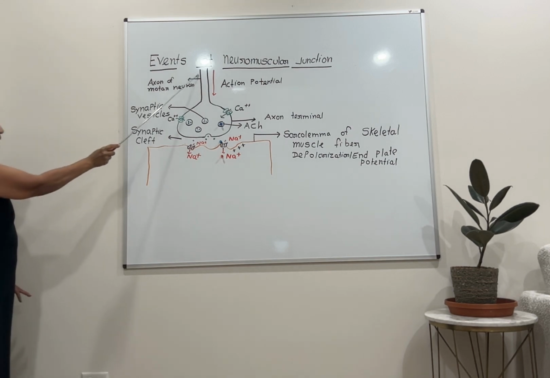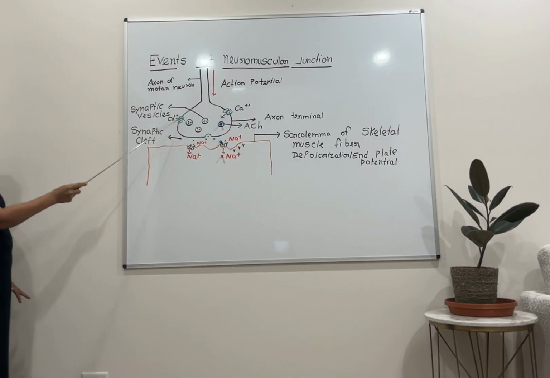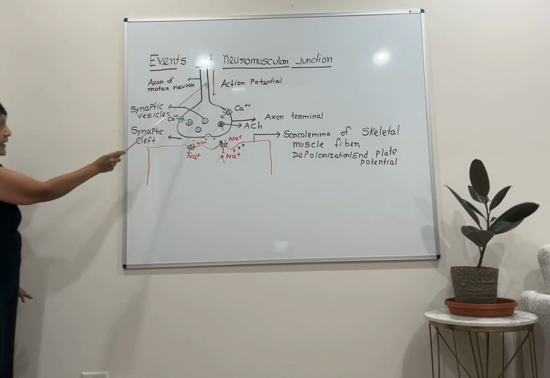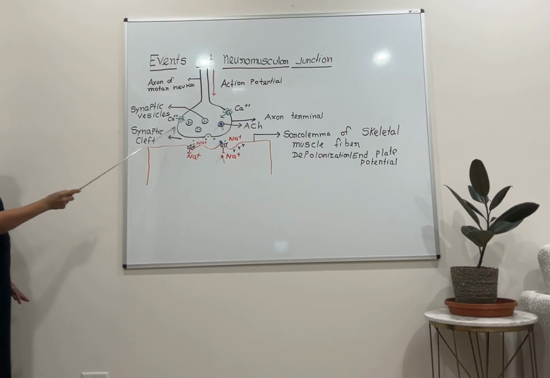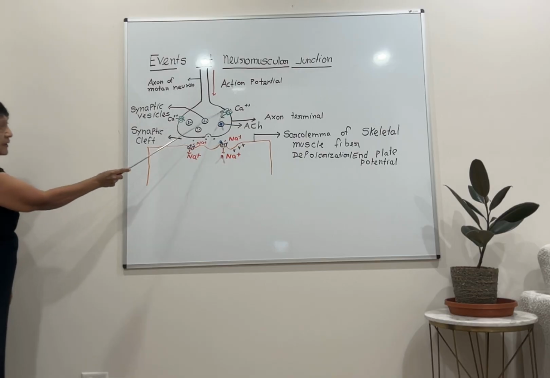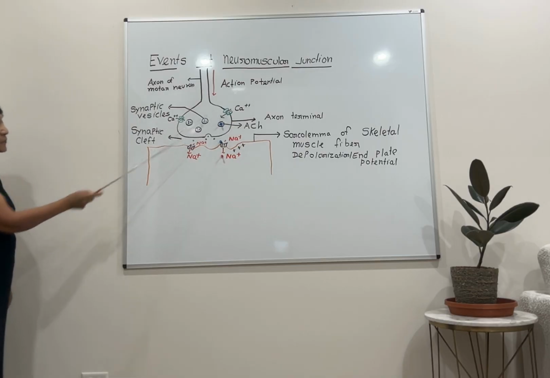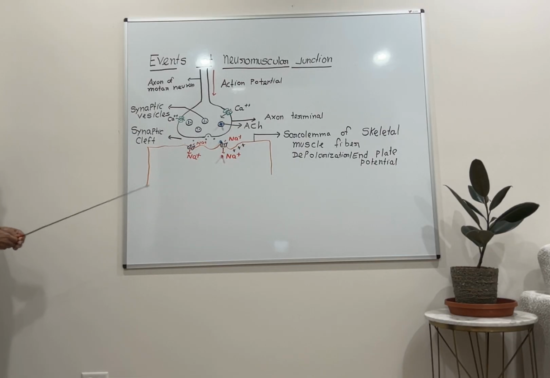Now, this is the axon of a motor neuron. This one is the axon, and here is the axon terminal. The axon terminal has these green structures. Those are voltage gated calcium channels.